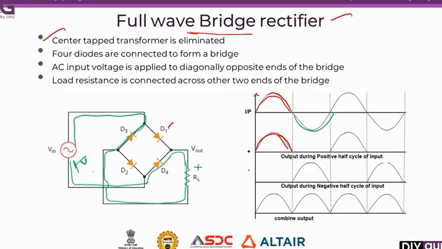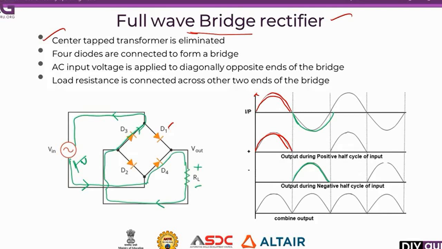So it starts from here, from the negative half cycle, it flows through D4, then again the positive of the load, then the diode D3 conducts, then it closes the circuit. So even though it is the negative half cycle, my current flows through the positive of the load, so my waveform will be in the positive direction only.